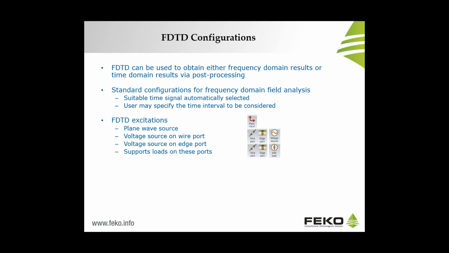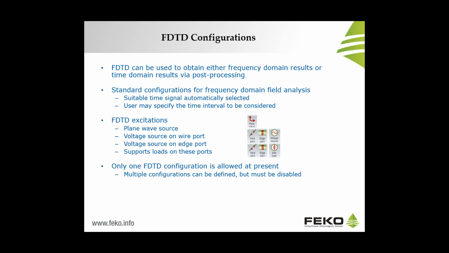Regarding excitations, in this release with FDTD, we are supporting plane wave source, voltage source on wire ports, voltage source on edge ports, and also supporting loads on these ports. Going back to configurations, you will see that only one FDTD configuration is allowed at present.